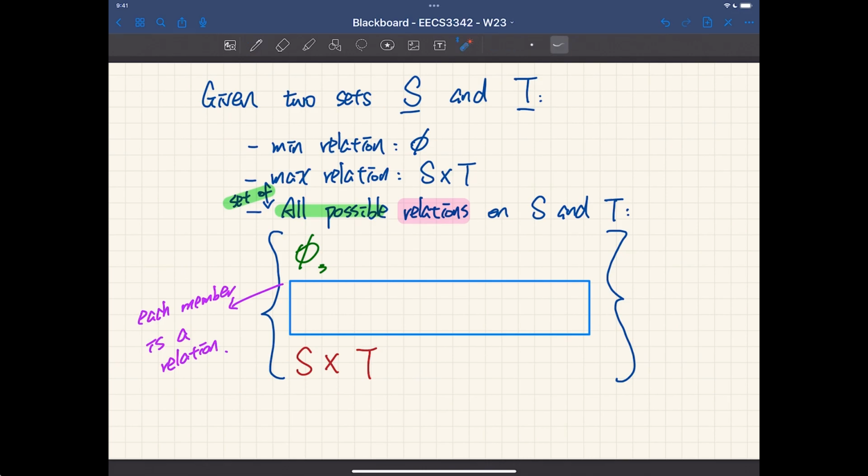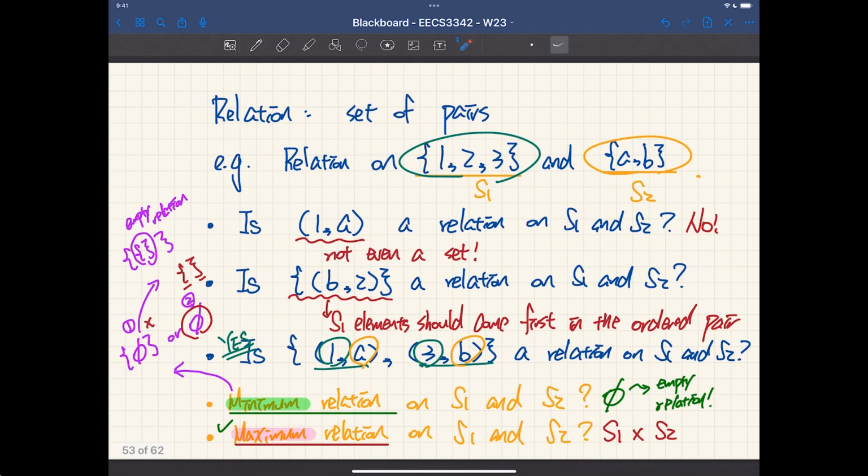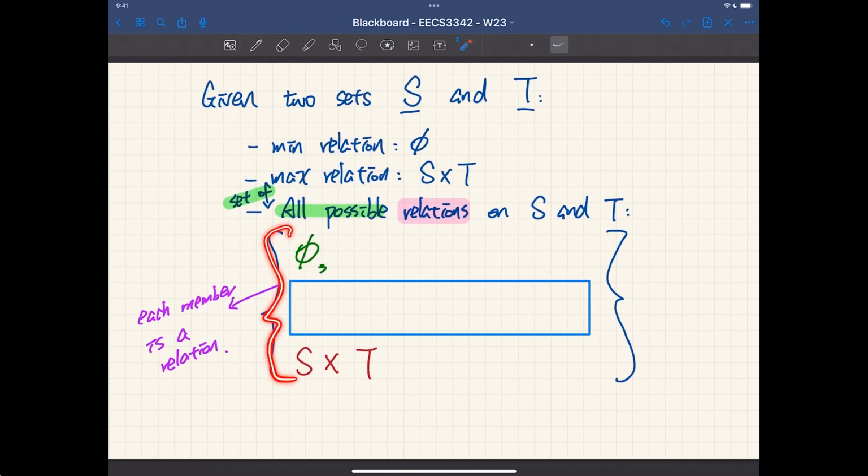Our idea is to enumerate all the possible relations that can be drawn from S and T, the two sets. We already learned from the previous page that inside this particular set, every member is a relation. The minimum one will be the empty relation. The maximum one will be the relation that's simply the cross product between S and T. What about in between?